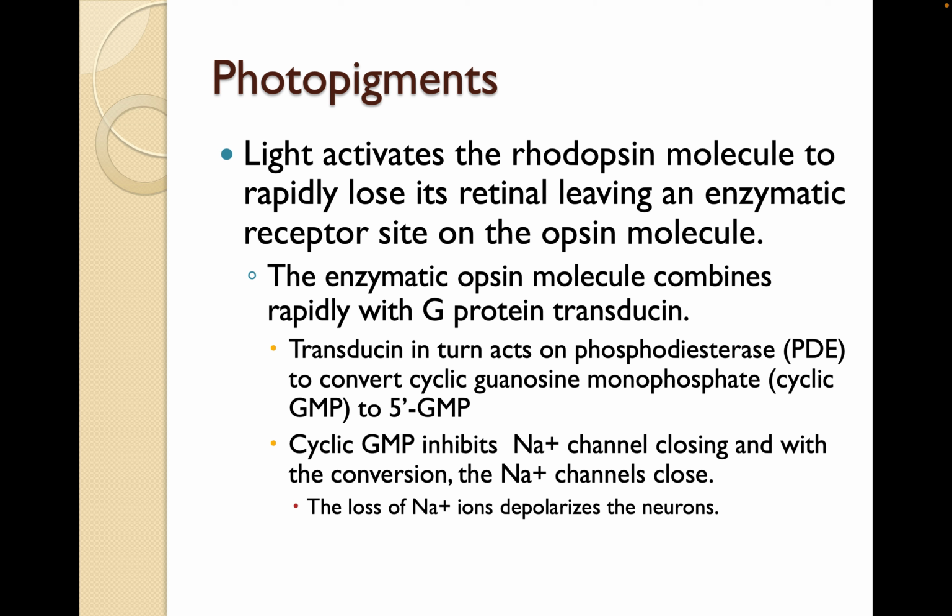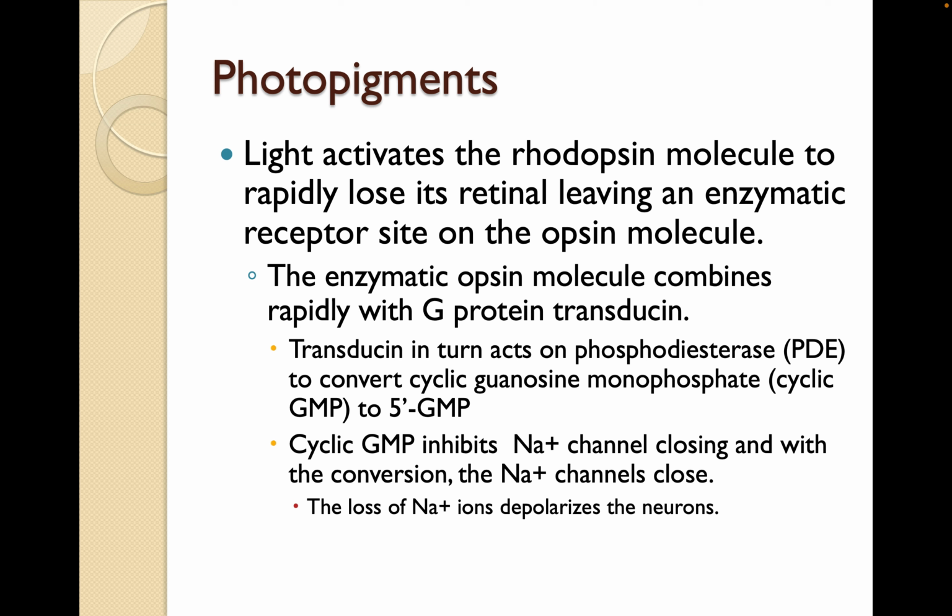The enzymatic opsin molecule combines rapidly with G protein transducin. Transducin, in turn, acts on phosphodiesterase, PDE, to convert cyclic guanosine monophosphate, cyclic GMP, to 5-GMP.